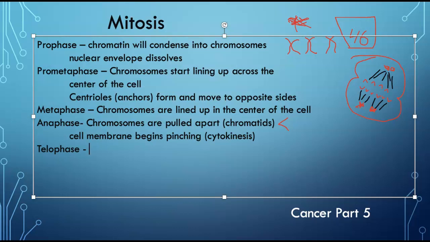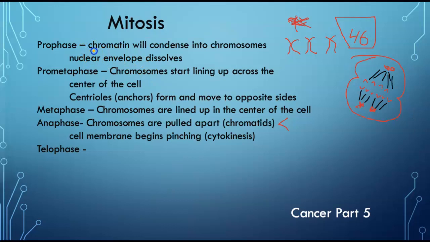We start with chromatin in prophase. It turns into chromosomes as it goes into prometaphase. It's still chromosomes in metaphase.